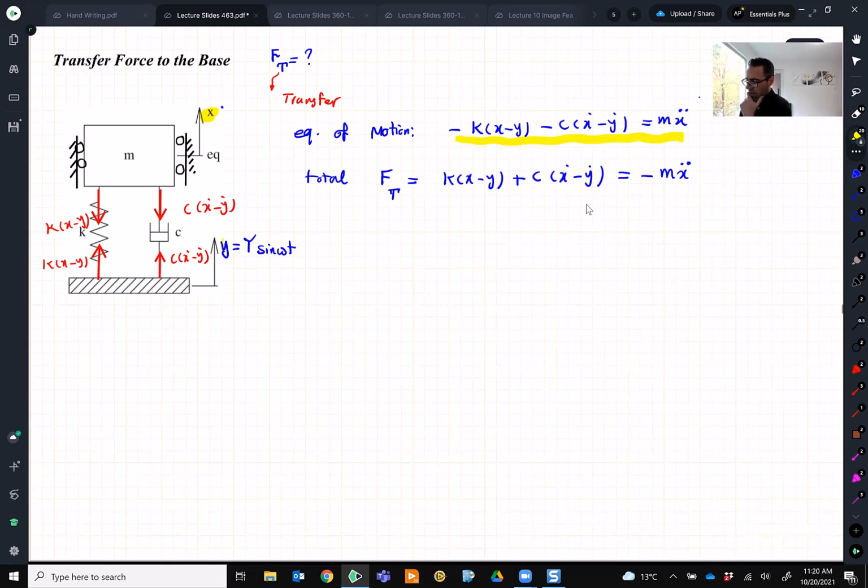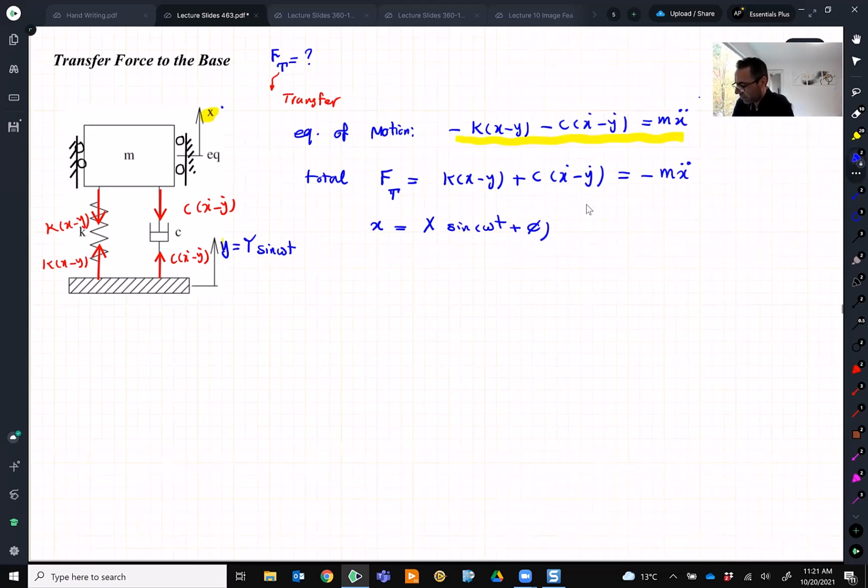So what is x? We found that it's equal to X e to the power of i omega t. Or we can just write its form, X sine of omega t plus phi, because usually with imaginary numbers we are not that comfortable.